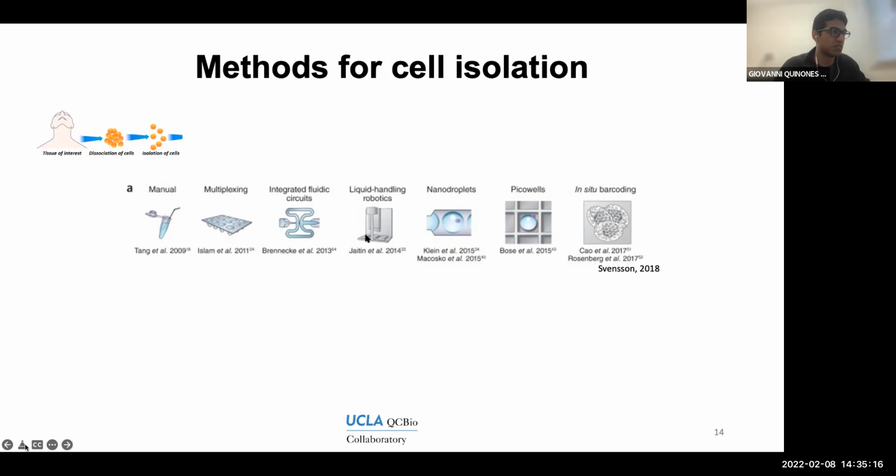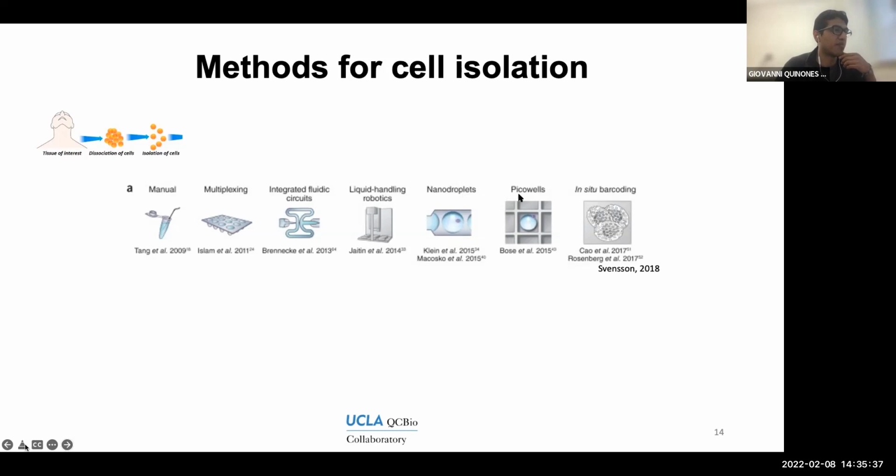They would be able to split them. And later on, the most advanced methods, like I mentioned in the previous slide, try to encapsulate the cell within an individual drop. So those would be the nano droplet approaches.